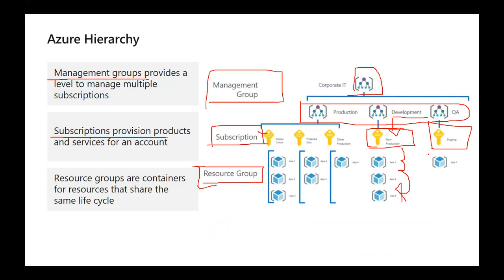For example, maybe in one resource group, I can have a virtual machine, a firewall. We can have additional resources, but those are going to be contained in this resource group. So that's why we are talking about this Azure hierarchy.